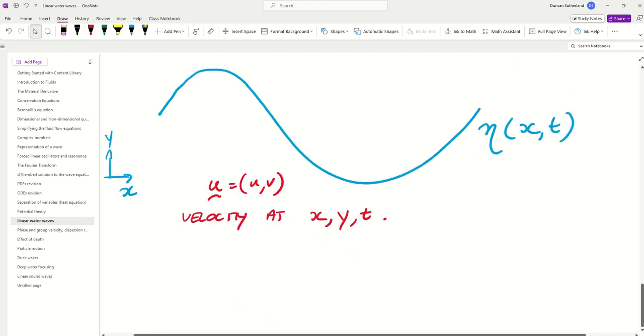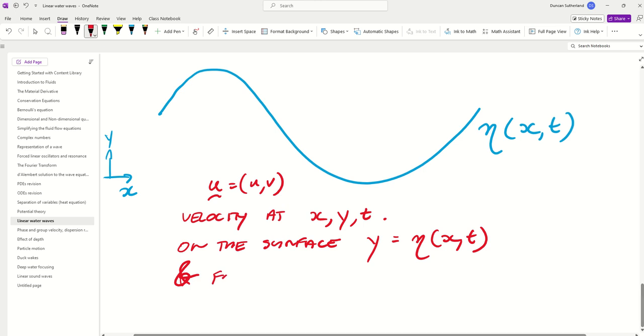But on the free surface, y equals a function of x and t. Therefore, on the surface you have velocities that are functions of x and t, right?